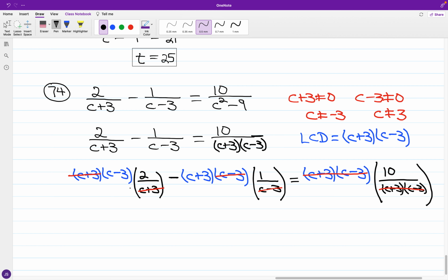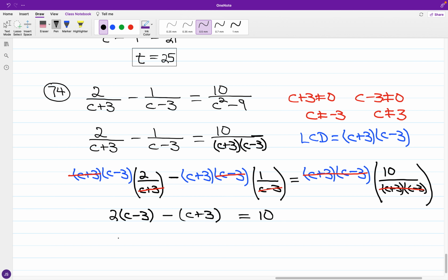So what we've got left standing is c minus 3 and 2. Next, we've got c plus 3 times 1, because you've got subtraction, and the subtraction is going to be distributed over all of c plus 3. And to the right, I have only the number 10 left standing.